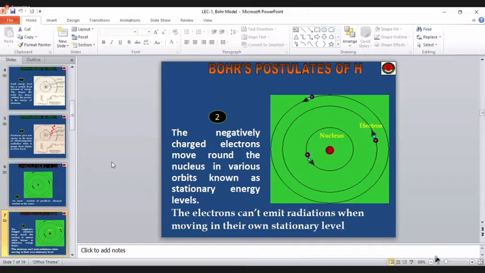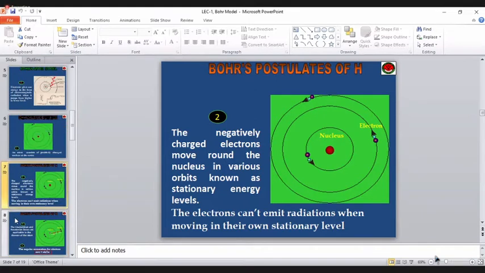Stationary energy level. It's orbit where the electrons are moving in the orbit, so these are known as the energy level, stationary energy level, like first energy level, second energy level, third energy level, like this. Today we learn about how to calculate the energy level. Okay, we'll derive this one.